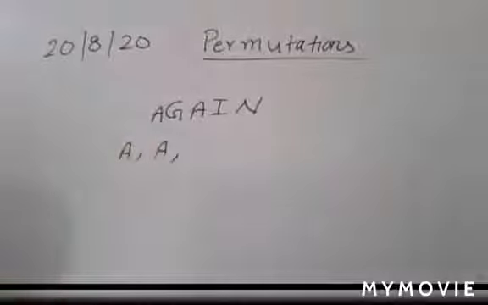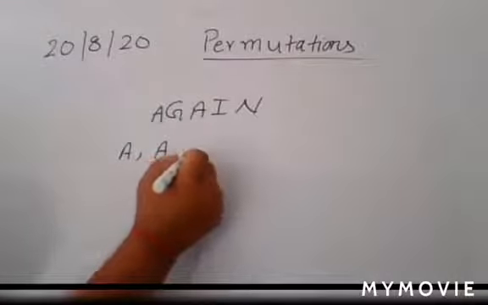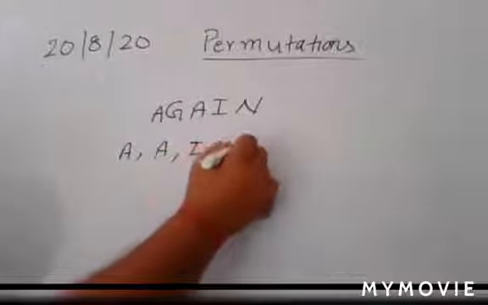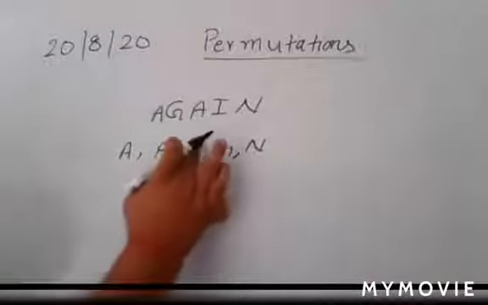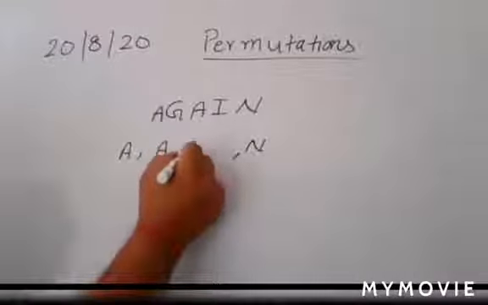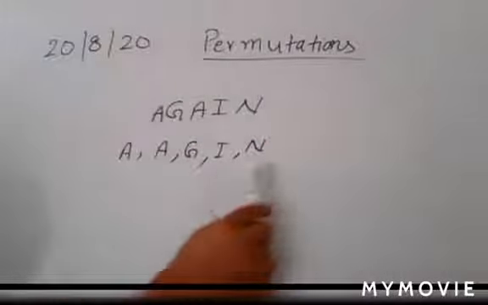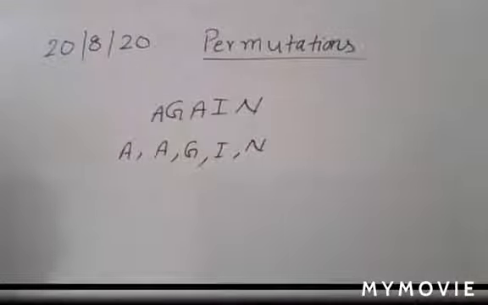A, then after A, first G, then I. So A, G, I, and then N. So here you have written all the given letters in alphabetical order.